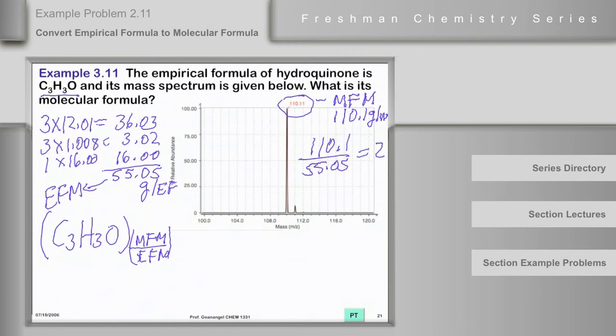So this will be C3H3O taken 2 times. So this will be C6H6O2, hydroquinone. Does it make sense?